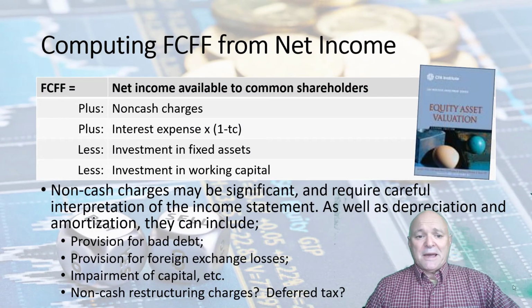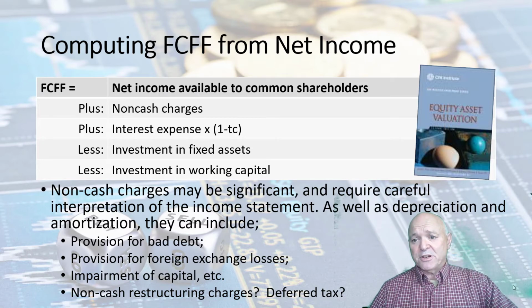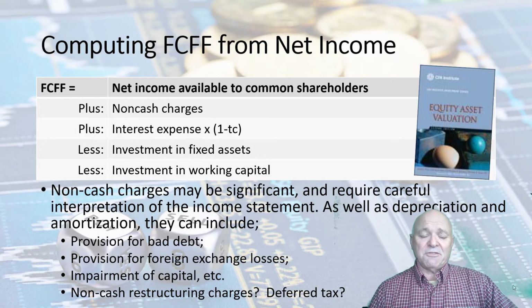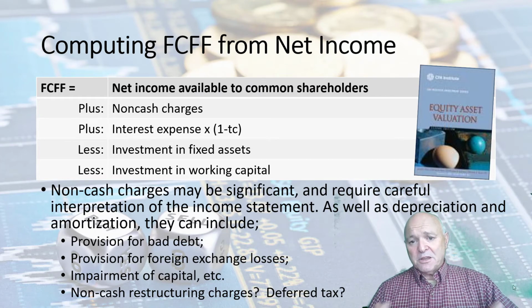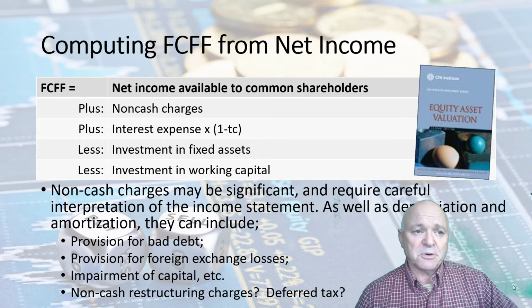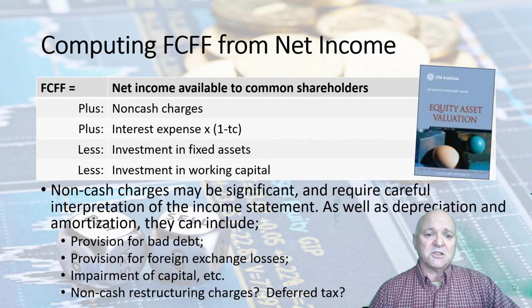It's taking a step back and following the textbook approach, and the textbook that I'm referring to is the Equity Asset Valuation text that we use from the course, provided by the CFA Institute. Following the methodology and approach that they talk about very specifically, you can follow along in the text as well.